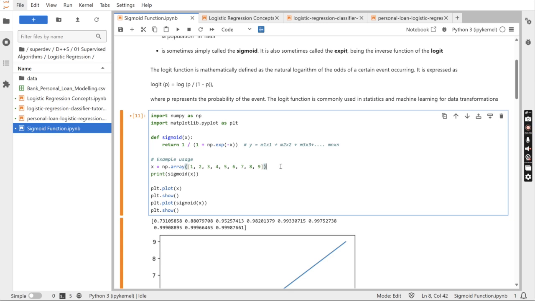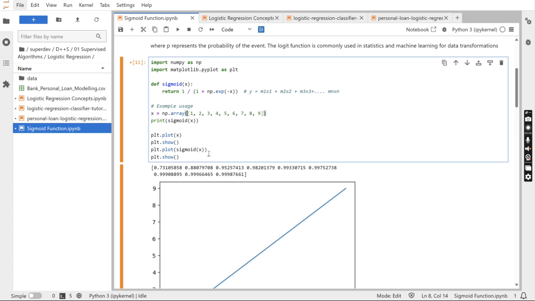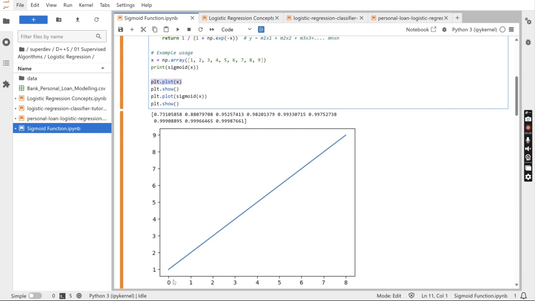That means to draw a line, you need a from point and a to point. The from point is assumed to be the origin. So when I say 1 2 3 4 5 6 7 8, you understand that the starting point is 0. When you plot this x, you will get something like this.